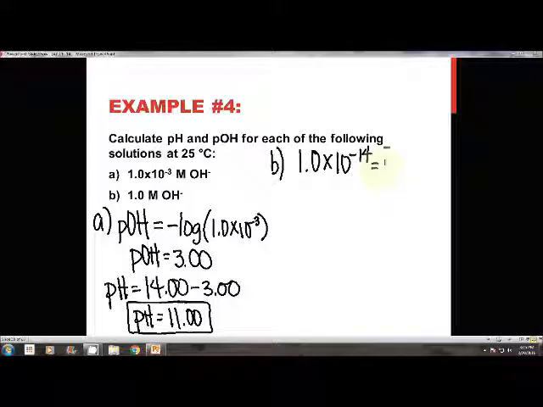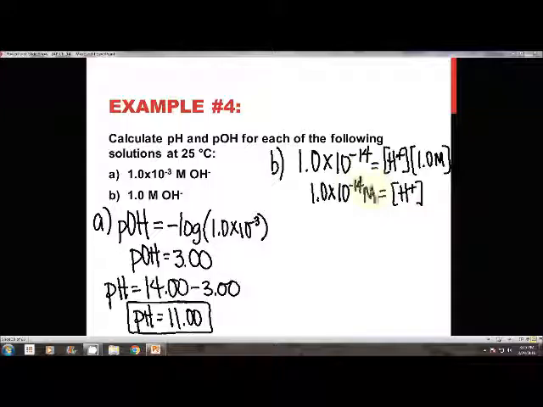So I don't know my H plus concentration, that's what I'm solving for, but I do know the OH, and that's 1. So when I divide over by the 1, that means that H plus is equal to, well, something divided by 1 is the same thing, 1.0 times 10 to the negative 14 molar.